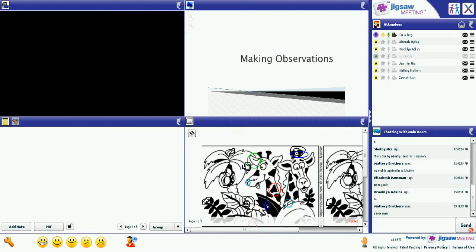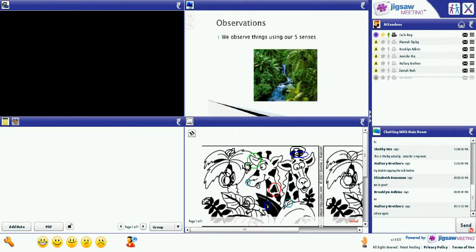Using your sense of smell. Fantastic. Alana, did you have another way? Seeing how fast things can be. Excellent. Seeing how fast things can be. Great job. Those are all great ways to make observations.